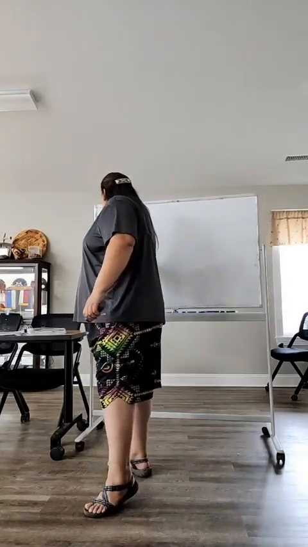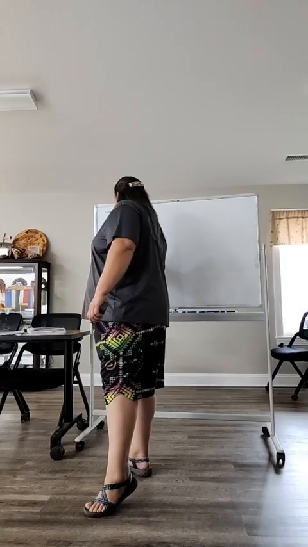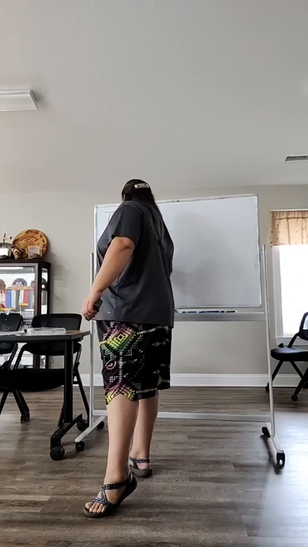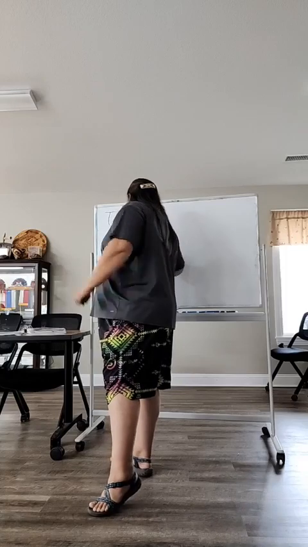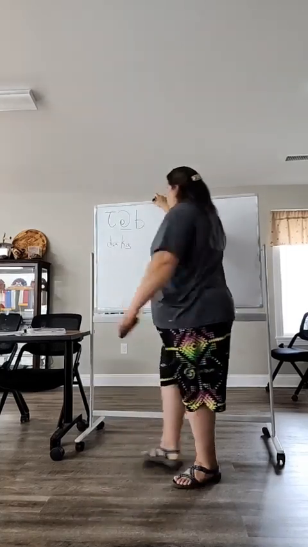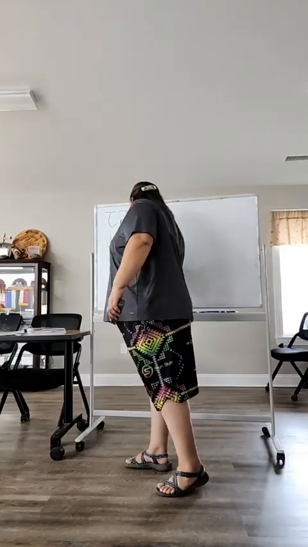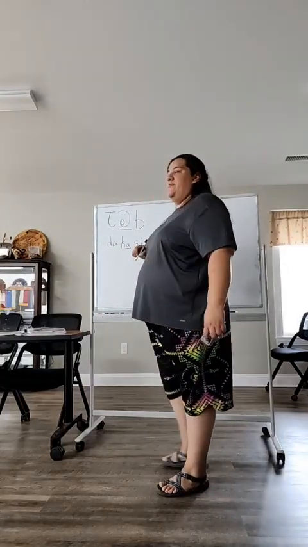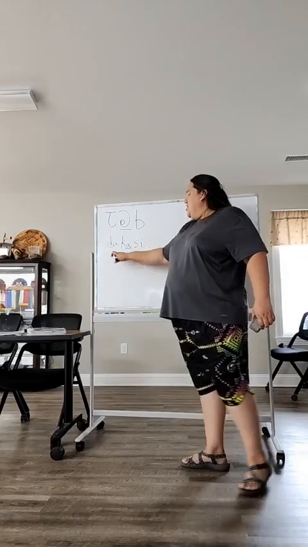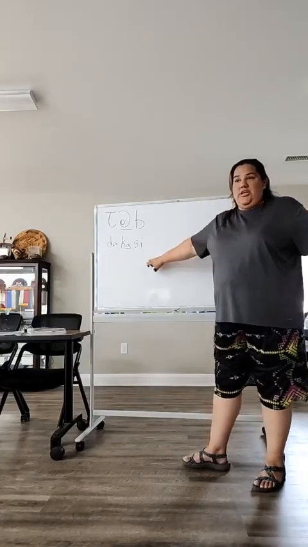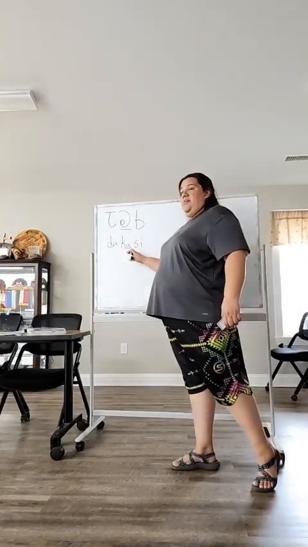Okay? This is a dog. This is a cob. And this is a, what? We just went over. Sheep. Okay, so, dog, cob, sheep. Right? We're dropping that A.